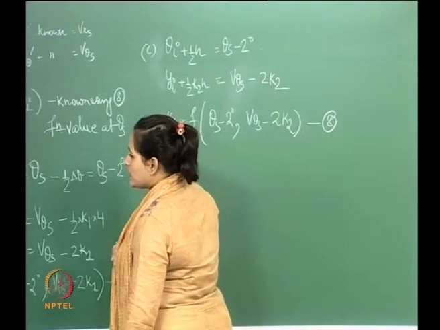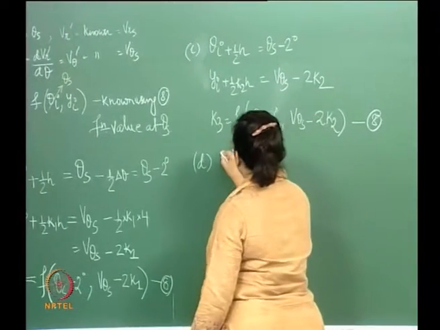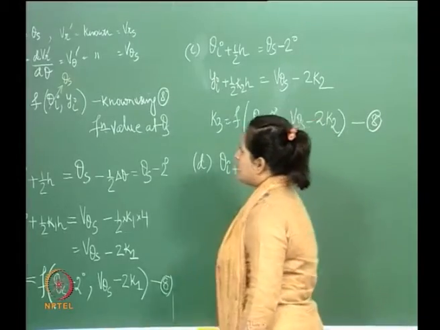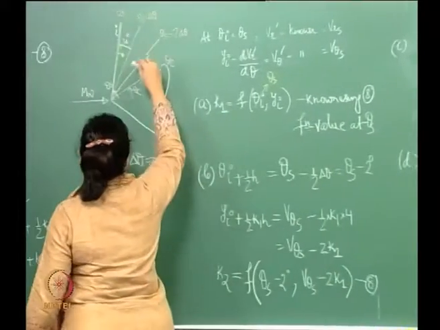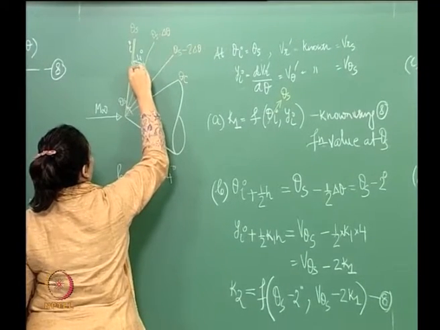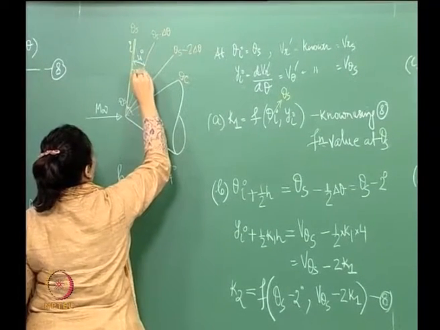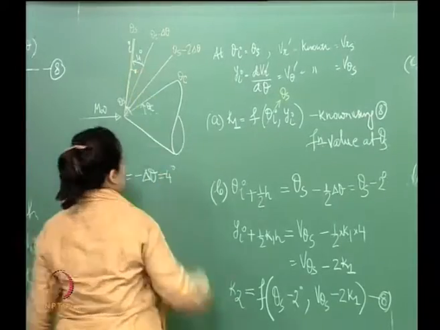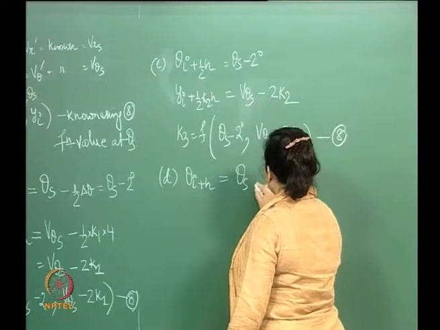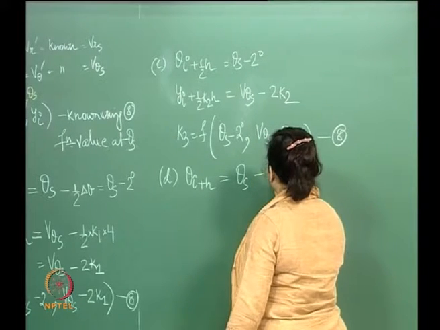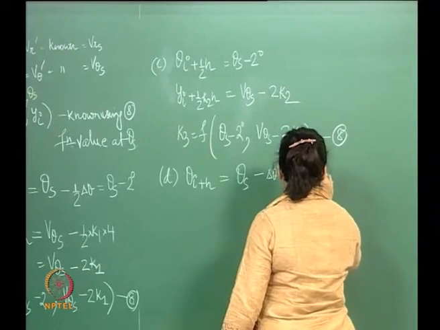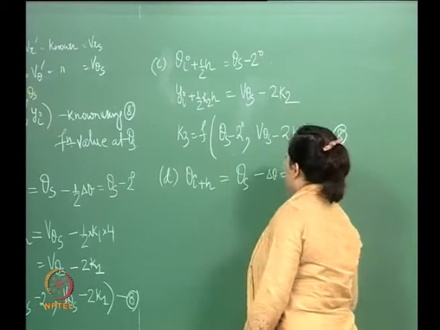Finally, what we need is for k 4. So, we get theta I plus h. So far, we calculated two values at the midpoint over here. So, theta I plus h is this, which is nothing but theta s minus delta theta, which is theta s minus 4 degrees.